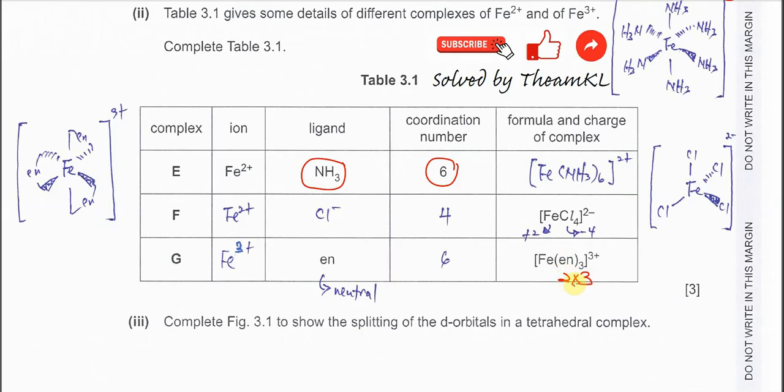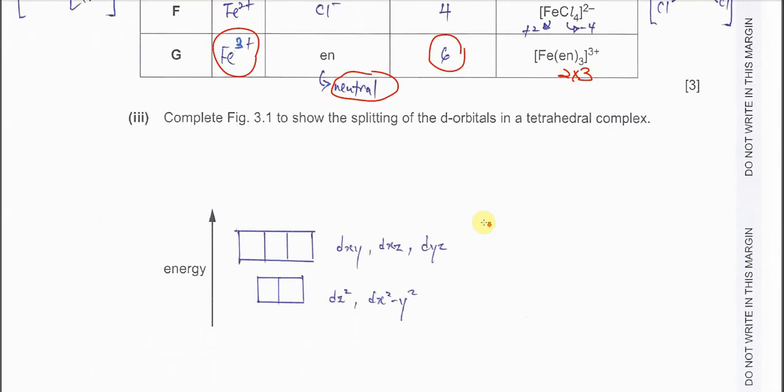So the coordination number is 6 here, and the ion must be iron 3. Why? Because en is neutral, and the charge of the complex ion must come from this iron 3. So from here we can get all the answers and put them into the table.